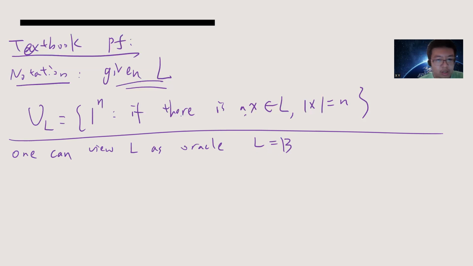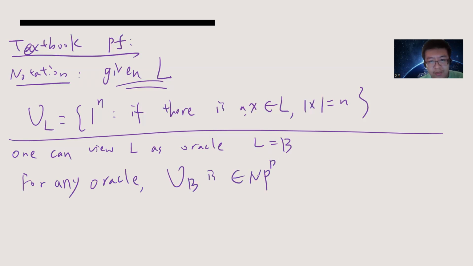So you can view the oracle as B. Obviously, for any oracle, U_B is in NP^B, trivially, because for NP you just check whether there is a certificate for 1^n. Since you can access oracle B, NP can just directly solve it.